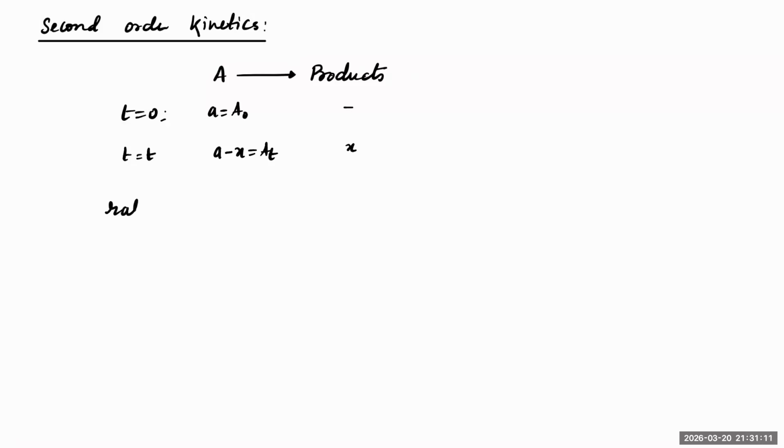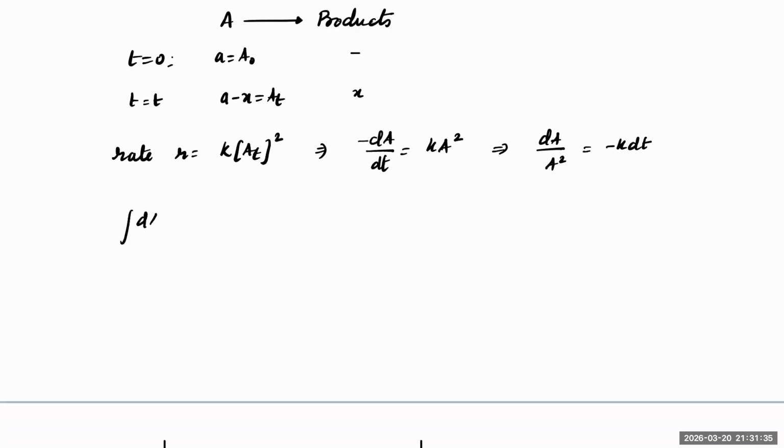So rate R will be equal to rate constant into At power 2, which implies minus dA by dt is equal to k into a square. Which also implies dA by a square is equal to minus k into dt. So I can integrate that, dA by a square from a naught to At is equal to minus k into the integral from 0 to t of dt.